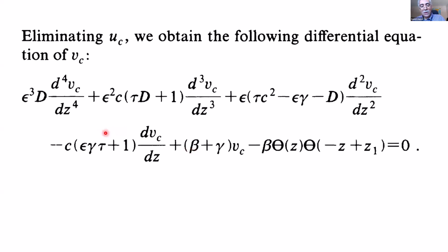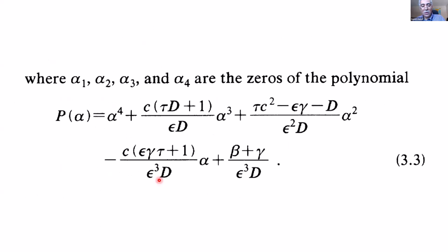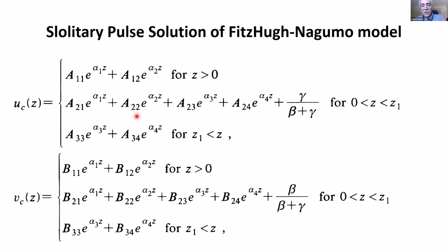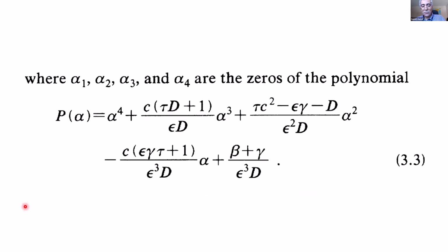However, to solve it, we first need to solve the associated fourth-order polynomial. So we solve this quartic polynomial to find the roots alpha 1, alpha 2, alpha 3, and alpha 4, and also use an identity that I will show you later. Then it becomes possible with Maple to find the piecewise solitary wave solution for the activator U, the action potential, as well as for the recovery variable V, of the propagation of the pulse in the axon of the neuron.